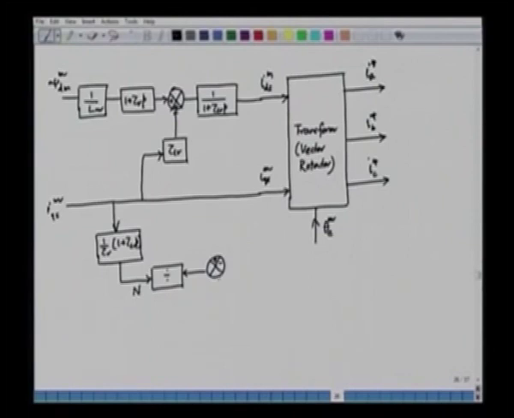So this is how we are evaluating the slip speed, and this will be coming from the flux and then the other component is coming from IDS.